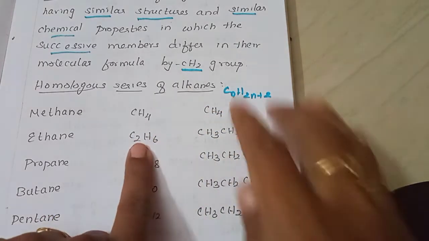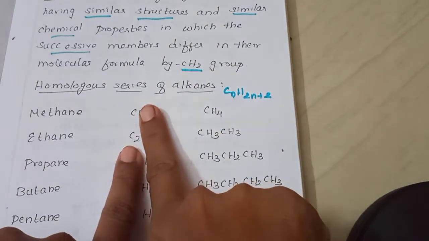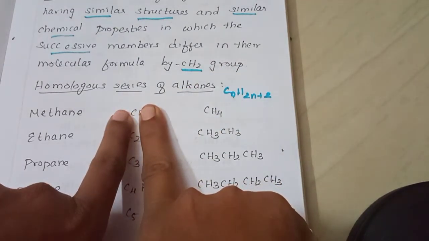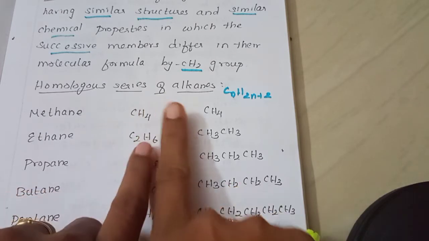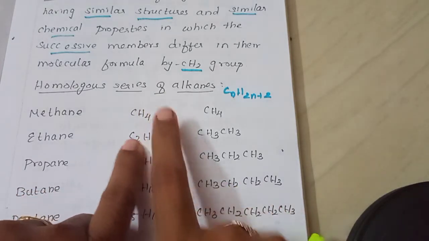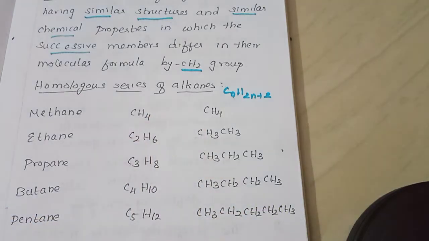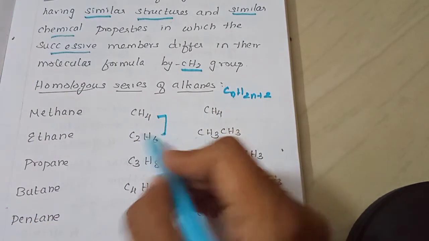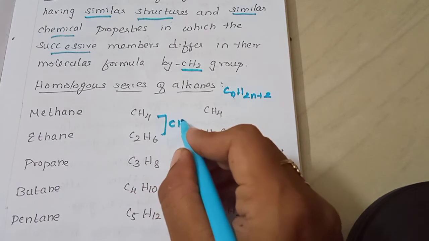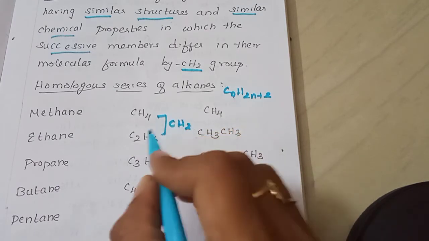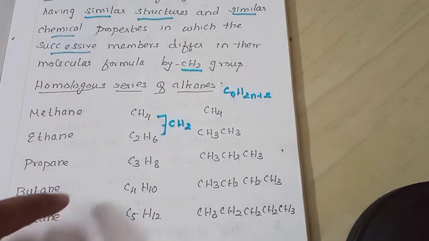Now, what is the difference between these two? Carbon: 2 minus 1, 1 carbon. Hydrogen: 6 minus 4, 2 hydrogen. So the successive compounds differ by the molecular formula CH2.